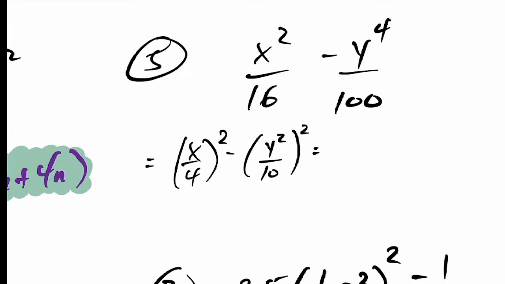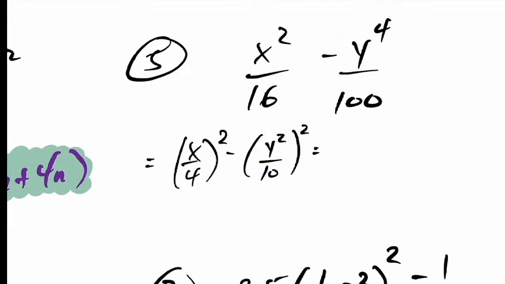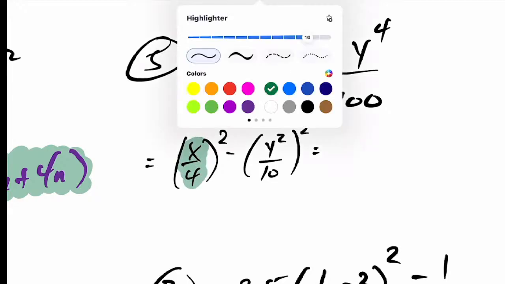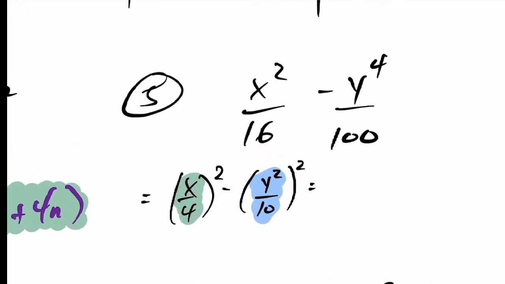Yeah, there's one right in front of you. Number 5 has fractions right here: x squared over 16 minus y to the 4 over 100. So now I can do difference of squares. Notice the difference here. I needed a y to the 4th, so this is y squared squared. I needed x squared, so this is just x squared. But the idea here is that this takes the place of my x, and this takes the place of my y in my difference of squares formula, which, again, to remind you, is just x minus y and x plus y.